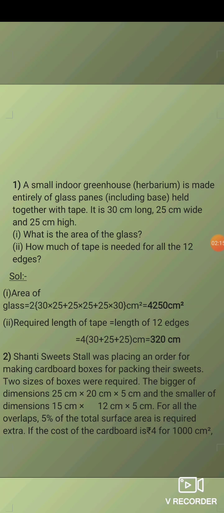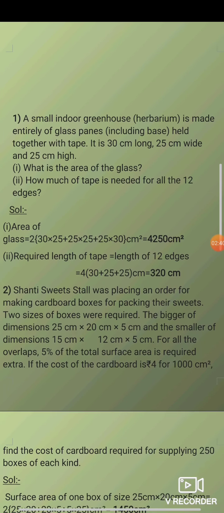Now we need to find out the length of the tape required for making this greenhouse. Okay, so that is 4 into (30 plus 25 plus 25). That is the length of the edges, equal to 320 cm. Okay. Now the next question.